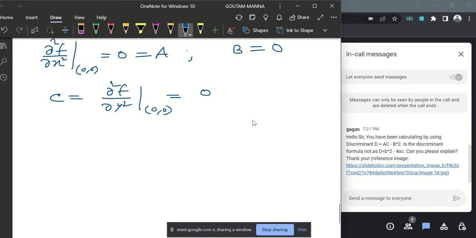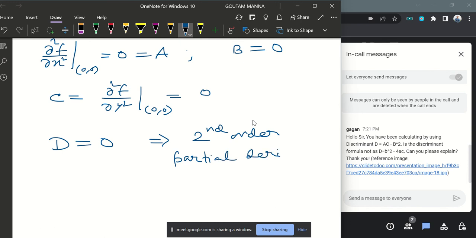So in that case, the value of d is 0. That means the second order partial derivative test is inconclusive.